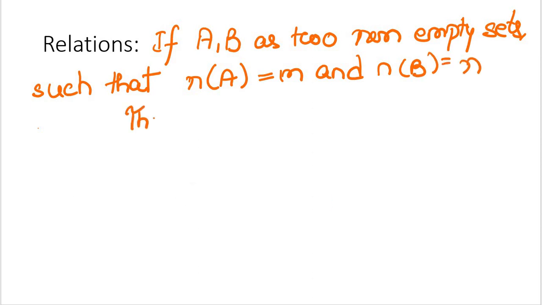In that case, the cardinality of the cross product A cross B will be m times n.